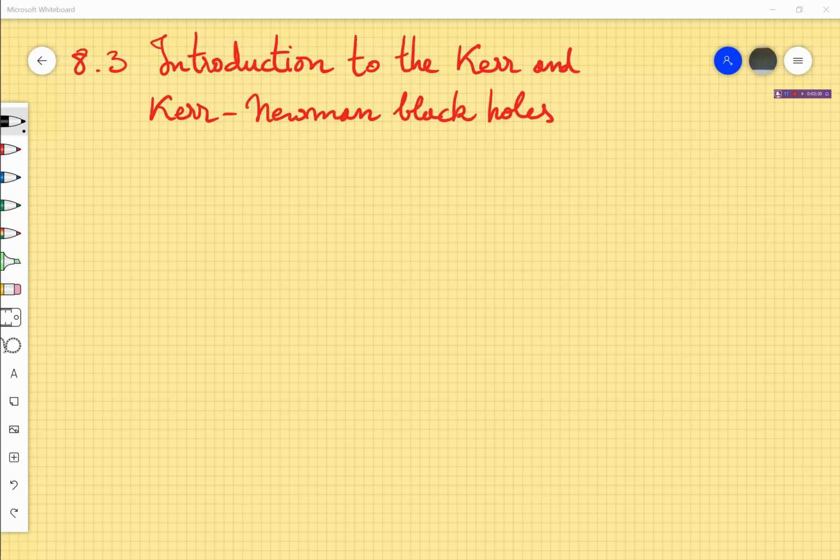We cannot really justify how to arrive to that metric from first principles, and we will have to content ourselves with this kind of heuristic derivation that was published by Teukolsky in a review which I recommend you to read just as an overview of everything that has to do with Kerr-Newman black holes.